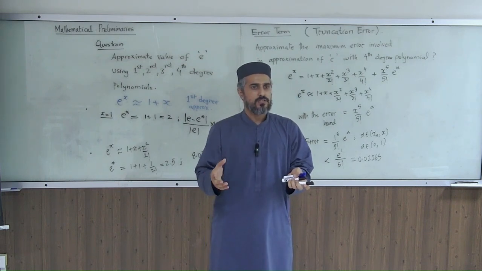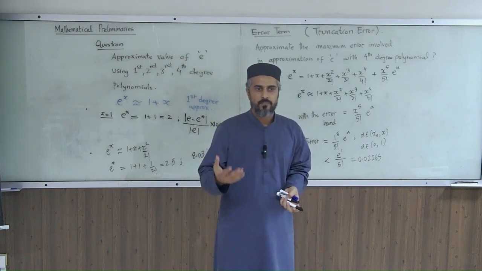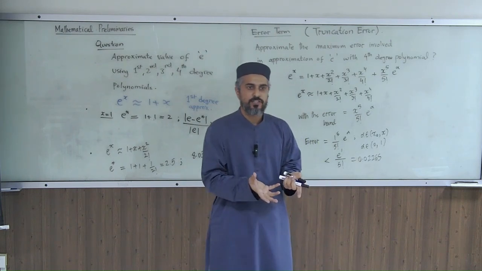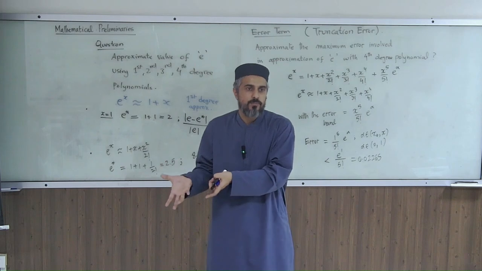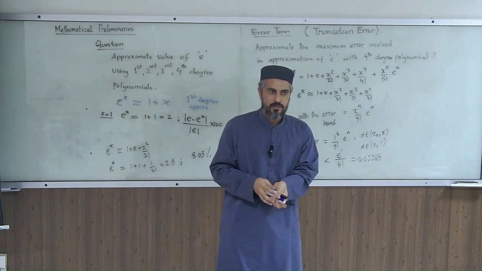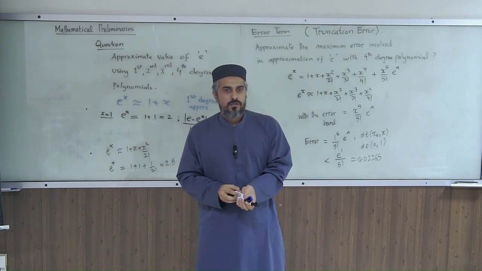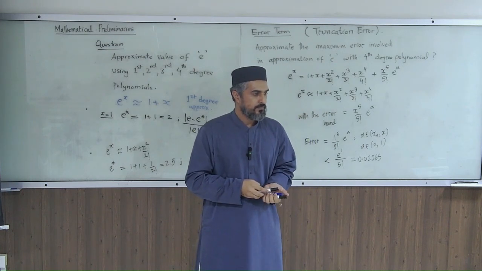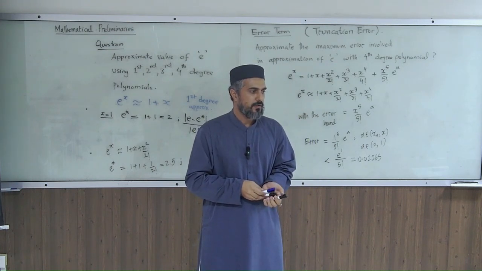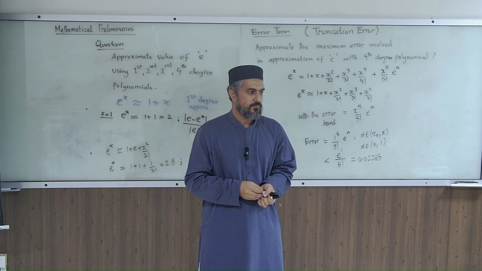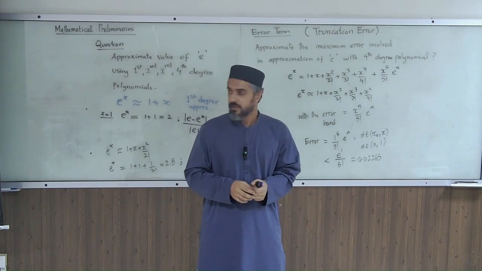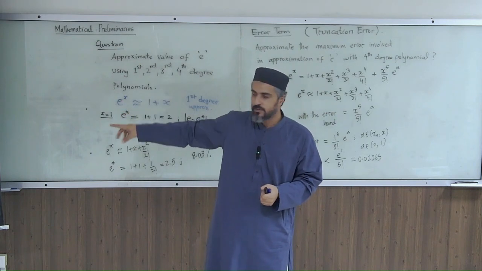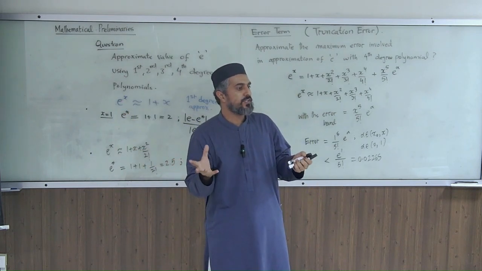If you have any questions, you can ask about this Taylor series. We just saw in the Taylor series how we can write a function in terms of a polynomial, and how we can approximate the value using the polynomial representation. Here we have the value, and we are dealing with the numbers now.